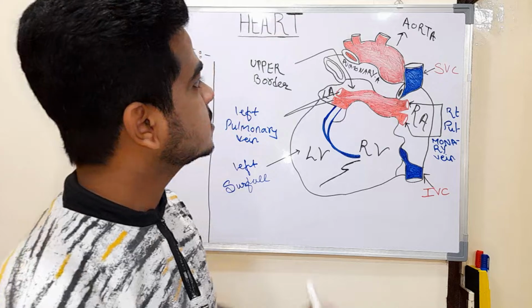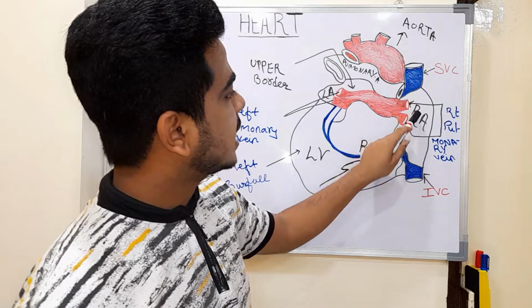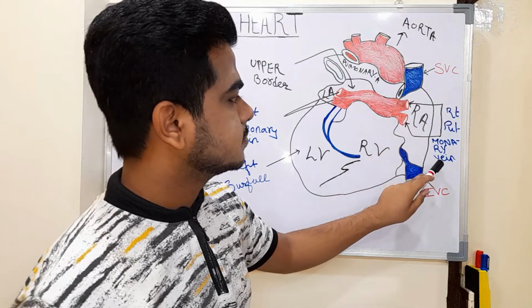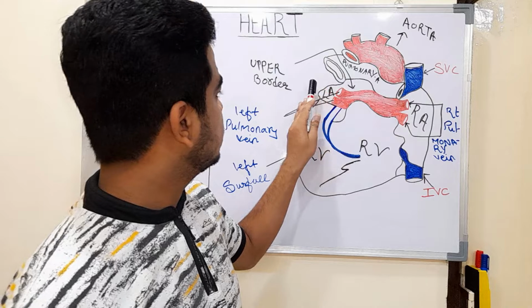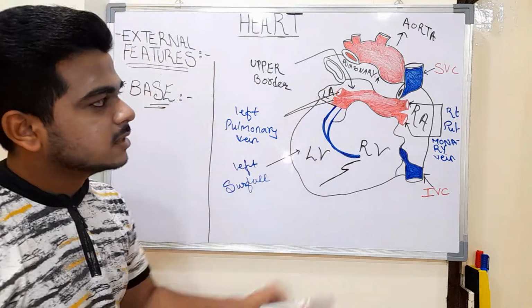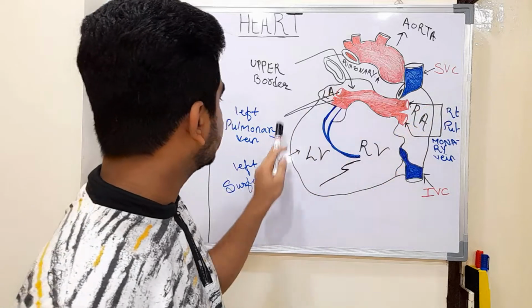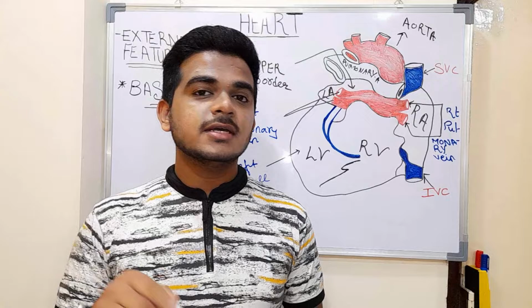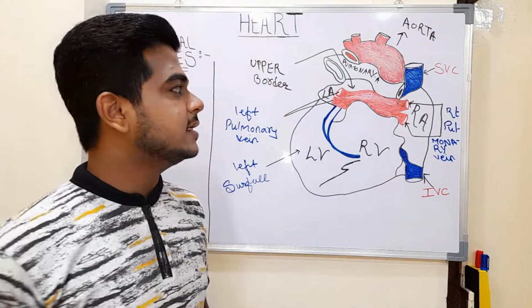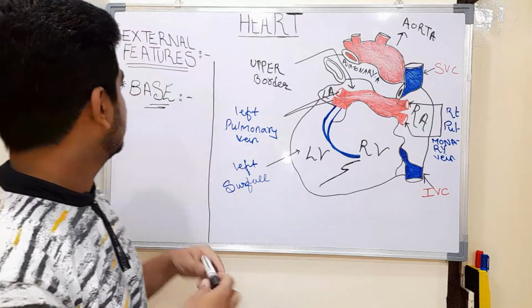First, there is a relation with the right pulmonary vein and left pulmonary veins. There are two pulmonary veins on the right side and two pulmonary veins on the left side. So in the examination, you have to write the relations of the base of the heart. What are the relations of the base of the heart?